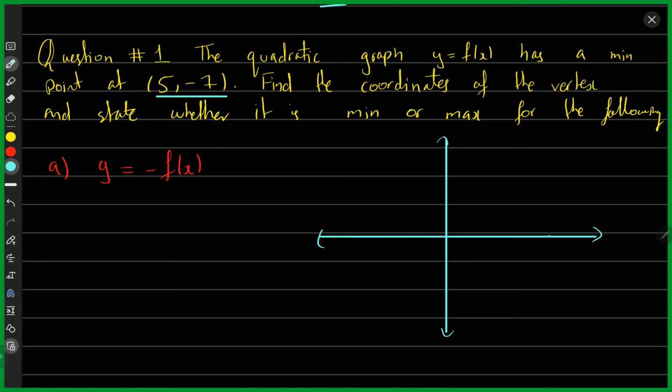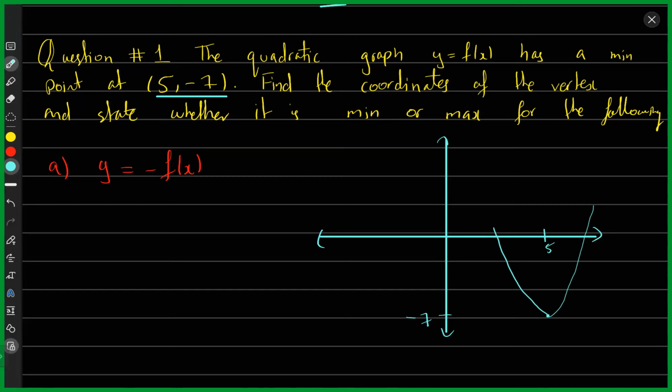So the x coordinate is 5 and the y coordinate is minus 7 and it has a minimum point. So this would basically be the point, and I'm just going to make a rough sketch of the graph. So it would be something of this type, right? Since it has a minimum point, I've just made the minimum point and a rough sketch out of what was given.